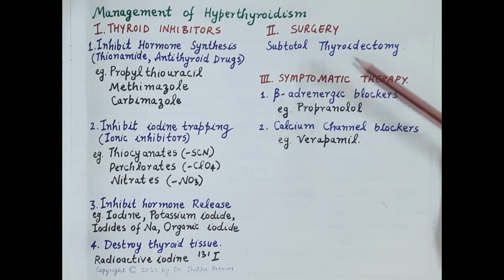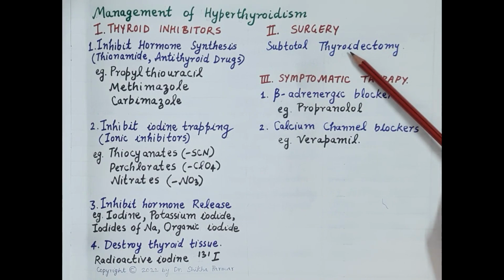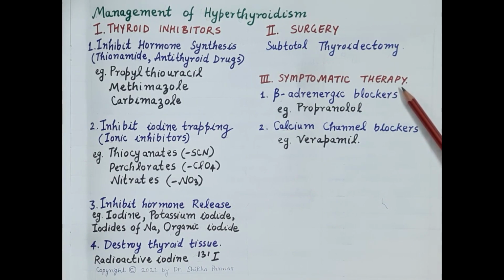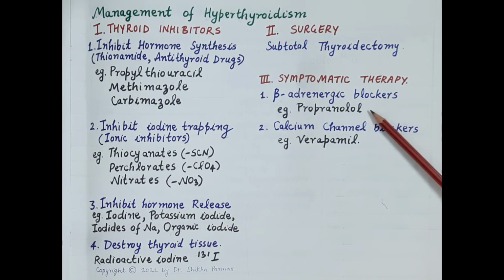Now, in addition to these standard treatments, that is the use of thyroid inhibitors and surgery to control hyperthyroidism, another therapy is the symptomatic therapy. Now, here symptoms of hyperthyroidism such as increased heart rate, anxiety, tremor can be controlled by a beta adrenergic blocker like propranolol.